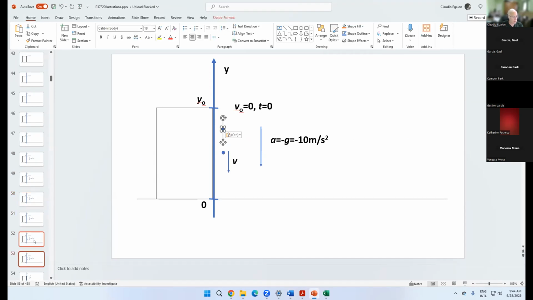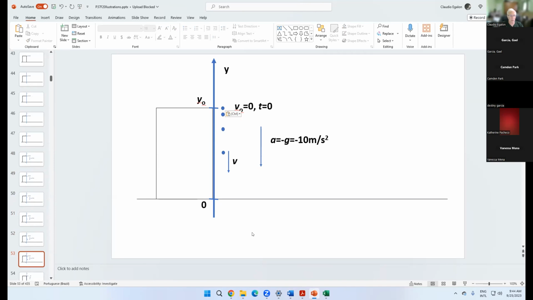Here you go. One snapshot of the motion diagram. That's going to be another snapshot of the motion diagram. And then one more snapshot here, right?